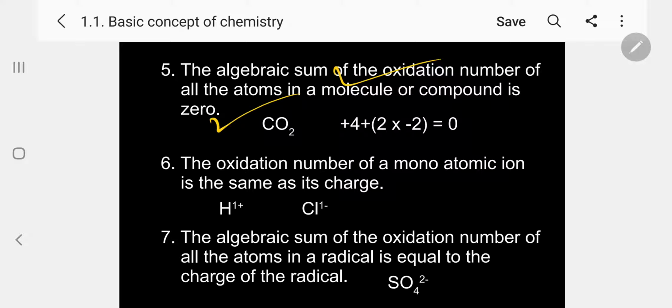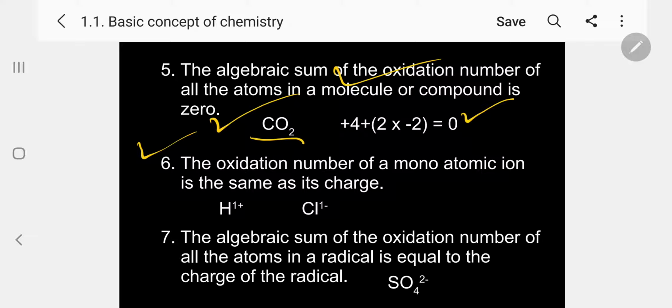Kindly follow. There are 2 compounds, 3 compounds, 1 molecular element. So we have to determine the total oxidation number equal to 0. A specific example is carbon dioxide: carbon +4 plus oxygen 2 into -2, so 4 plus 4 minus, it is 0.